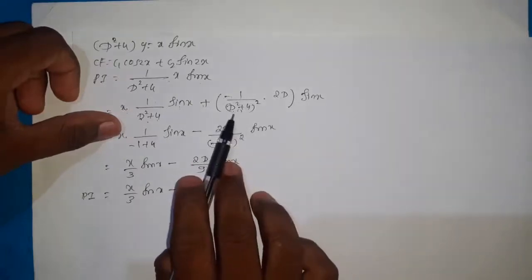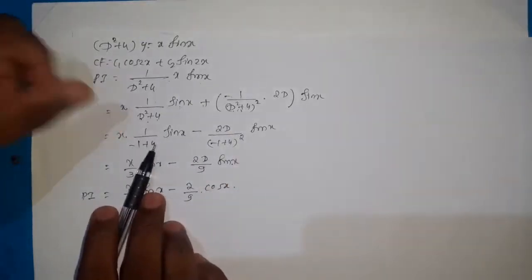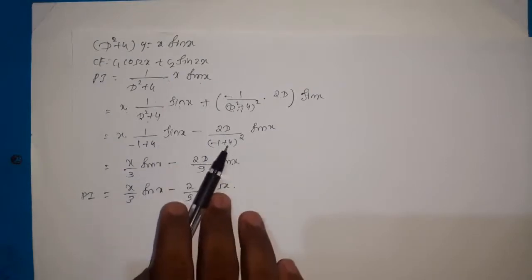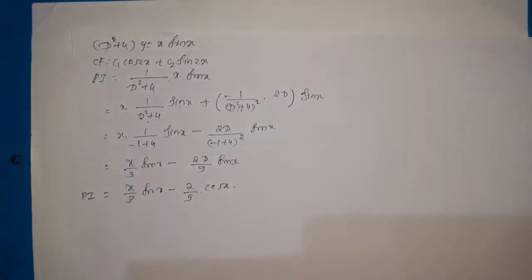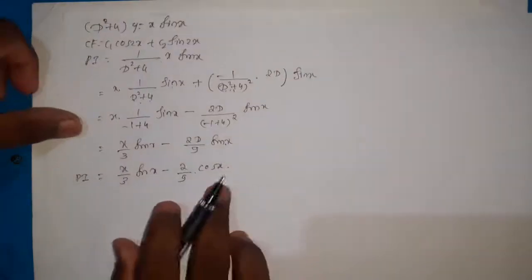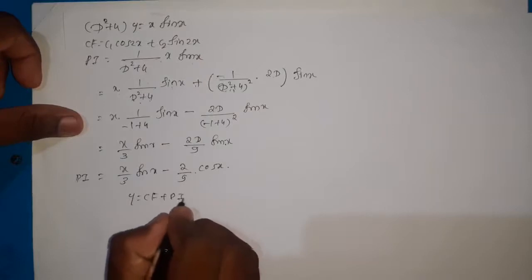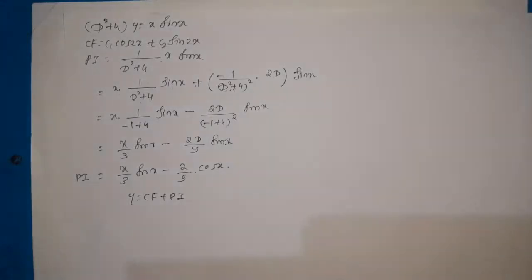So therefore that is minus 1 plus 4, which is equal to plus 3, then plus 3 whole square is 9 here. Then in numerator we have d, it means the derivative of sin x, that is cos x. So therefore this is the particular integral, and y is equal to CF plus PI, which is the required complete solution of the given differential equation.